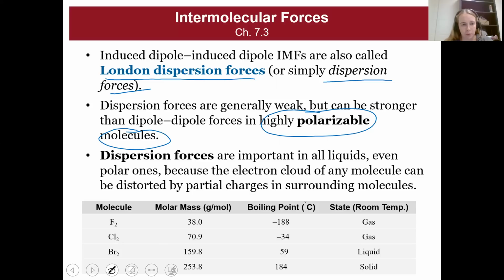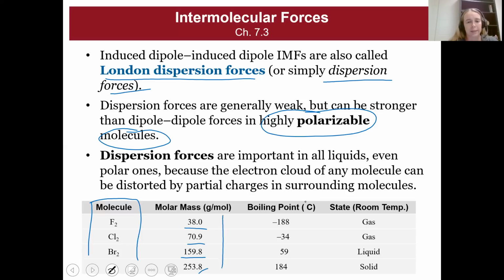All right, anyway, down here we see the dispersion forces and their impact on the boiling points of these halogen diatomic molecules. Fluorine has a small molar mass, chlorine's is bigger, bromine's is bigger, and iodine's is the biggest. So the I2 molecule here is the biggest.